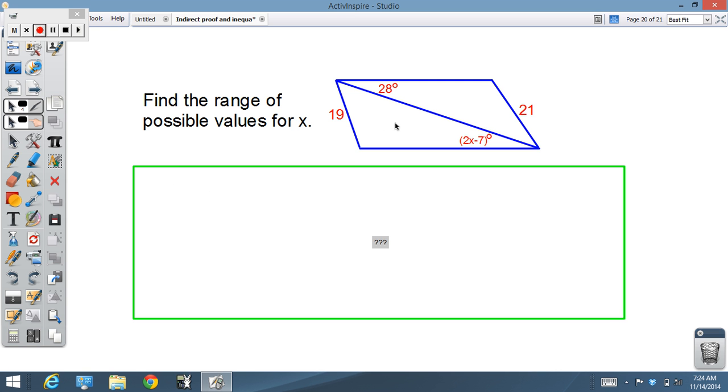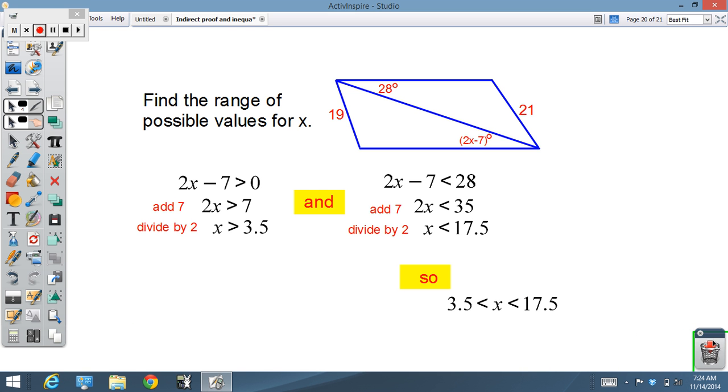Another example. Find the possible range. Now here we're going to use an inequality. Pause it. See if we can figure it out. Okay, so for this side, 19, since it's smaller than the 21, this angle, 2x minus 7, must be smaller than 28, right?